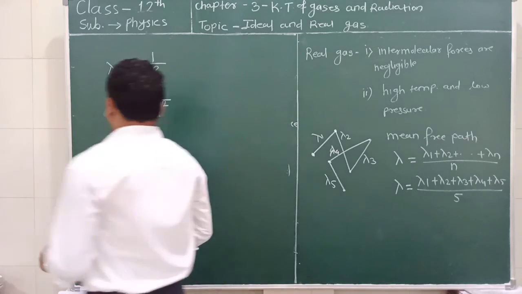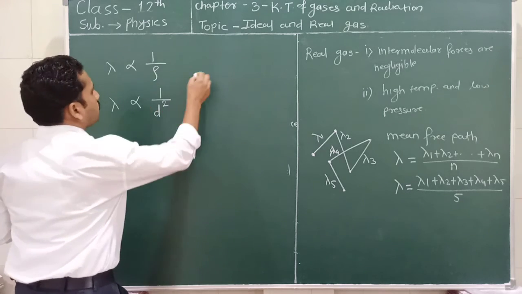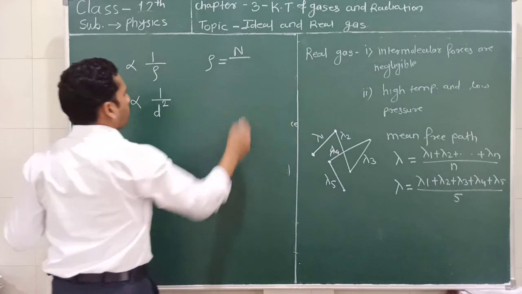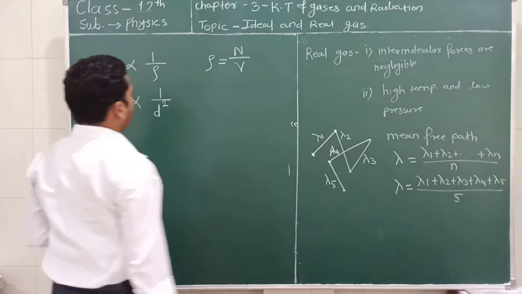If we write the equation for lambda, rho is the density, and density is the number of molecules in a given volume, equal to n by v.